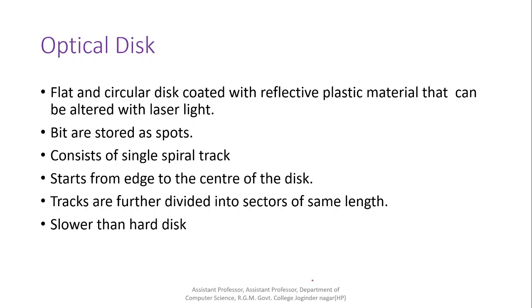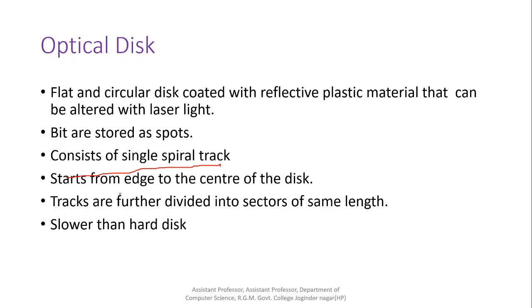The bits 1 and 0 are stored as spots that are relatively bright and light. They consist of a single spiral track that runs from the edge to the center of the disc.